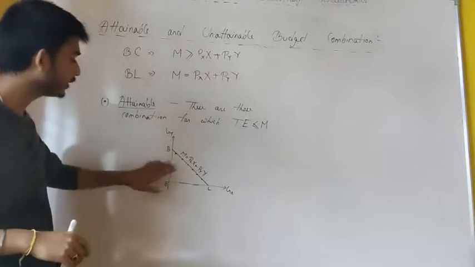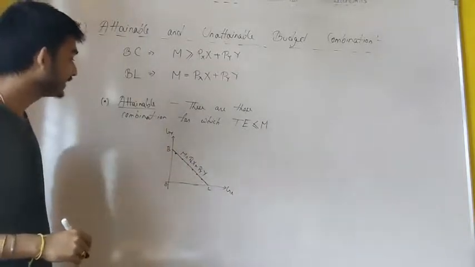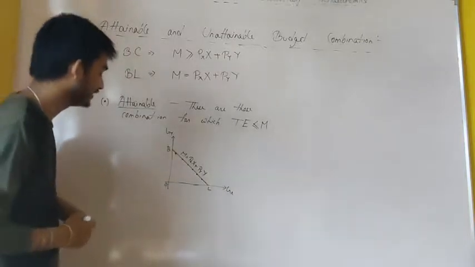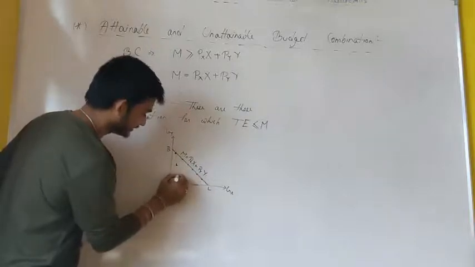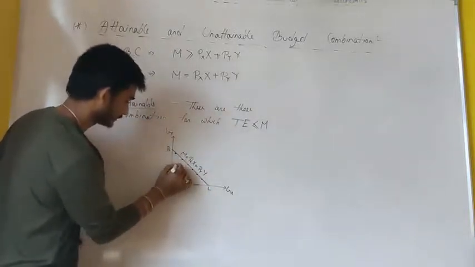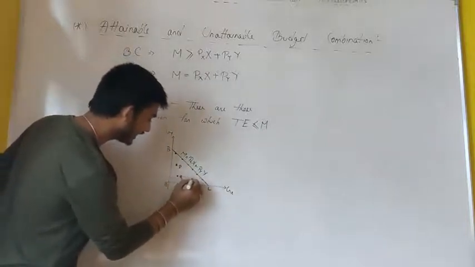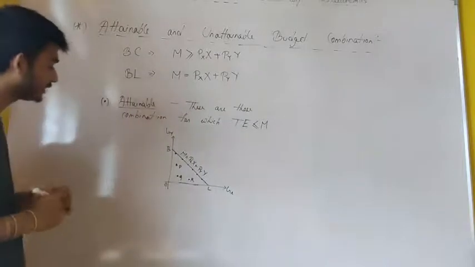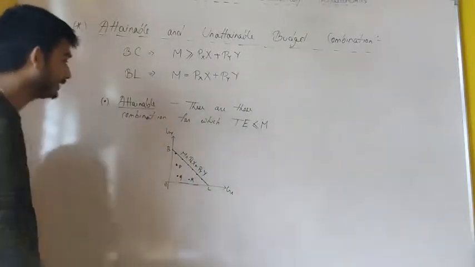For all these points, my money income is equal to my total expenditure, and any points that are below the budget line, like these P, Q, R, all these points are below the budget line.